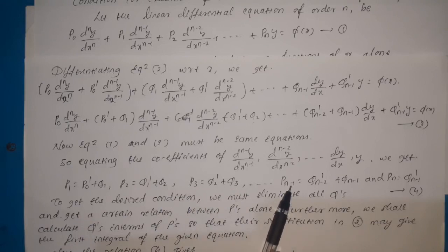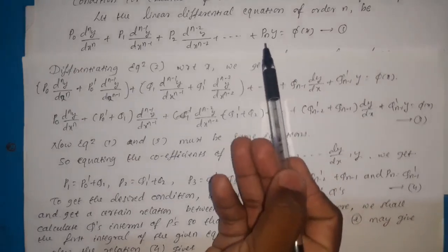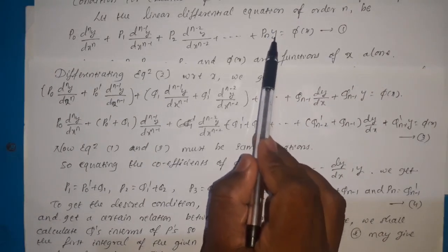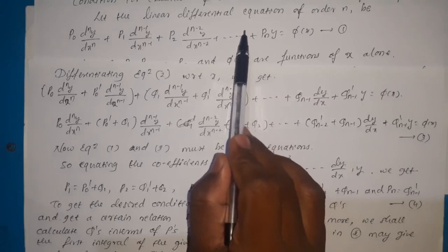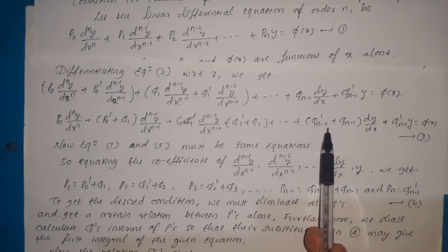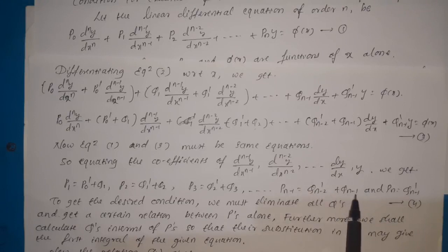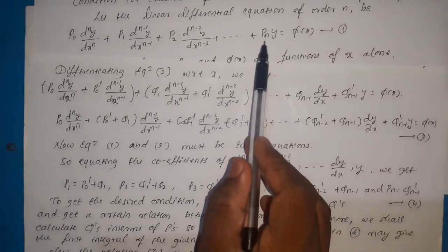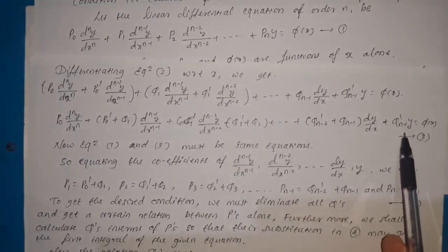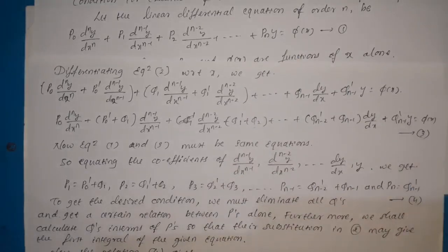Then p(n-1) in general, and here pn y is there, so its previous term will be p(n-1) dy/dx, and the coefficient of dy/dx is q(n-2)' plus q(n-1), that is p(n-1), and pn is the coefficient of y, and here the coefficient of y is q(n-1)'. Consider all these equations as 4.